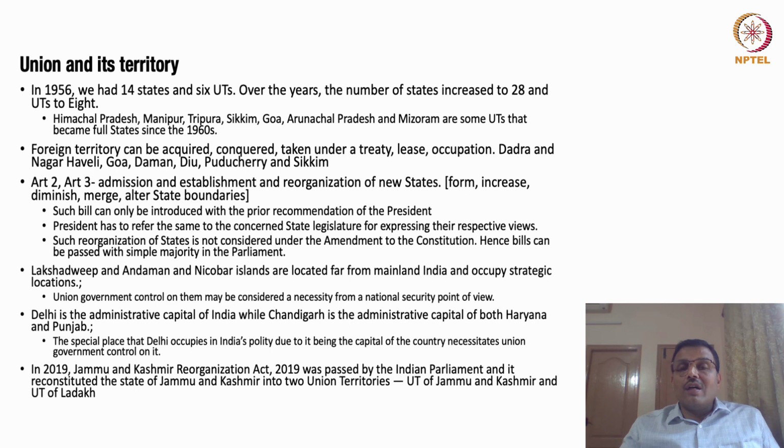These are a large number of islands that are also part of the territory of the Union of India. And please note, these islands are not only important for strategic purposes, they are an integral part of mainland India. And because these islands are important, they have been kept as union territories time and again. And this is how the territory of India gets extended.